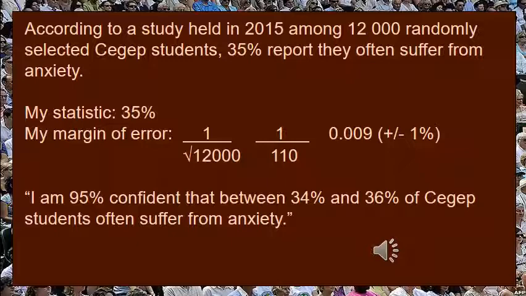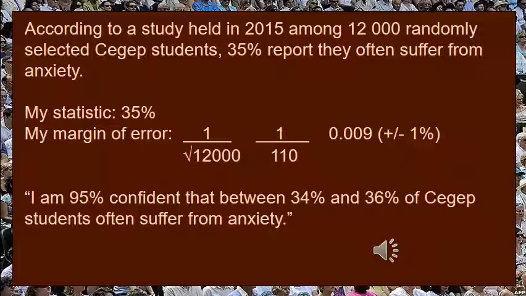We have a statistic here in percentage. It's 35%. And we do not have a margin of error. We have a sample size, but we can calculate the margin of error with the sample size: 1 over the square root of n, n being the sample size. 1 divided by the square root of 12,000 gives me 1 divided by 110.